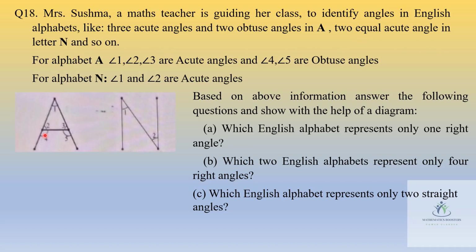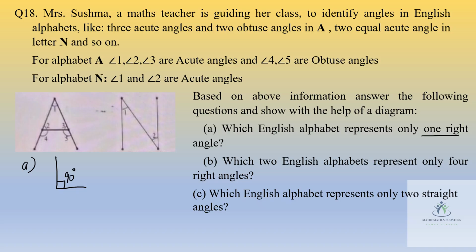This is a word problem, or you can say a case study. They have used A and N as alphabets to give examples. Now based on the above information, find out another English alphabet which represents one right angle. So I can use L. This represents one right angle.